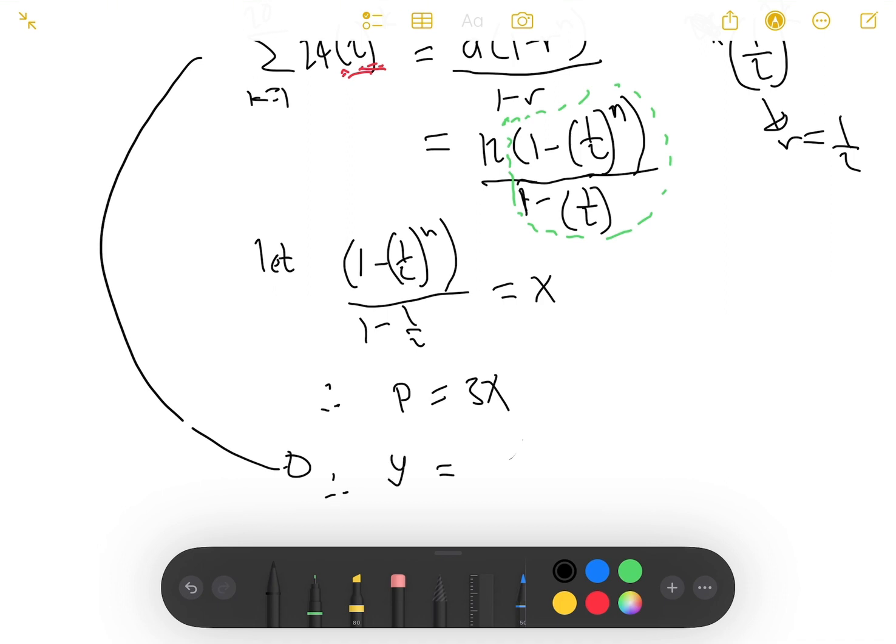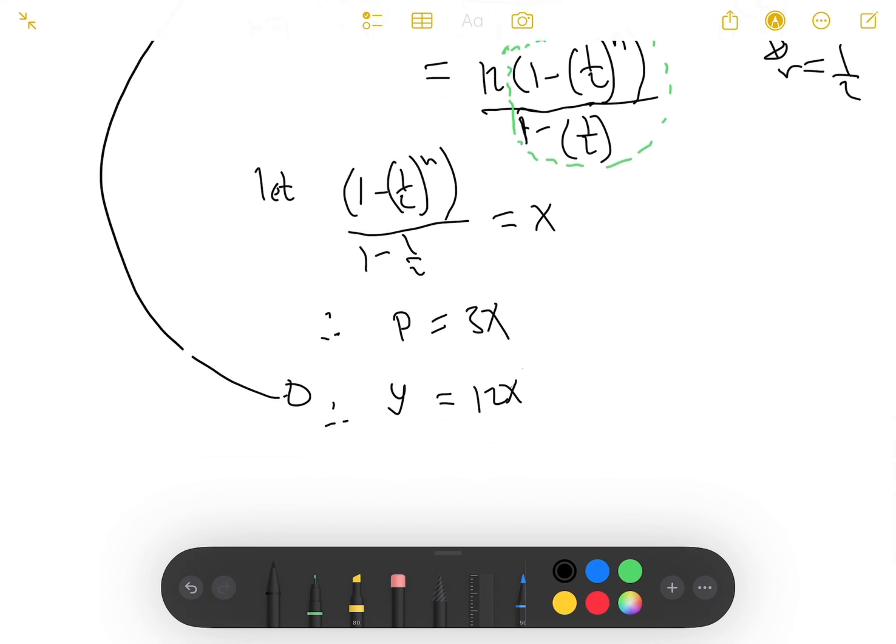Let's say y will be equal to 12x, right? Therefore, from this, let's note down what is actually y in terms of p.